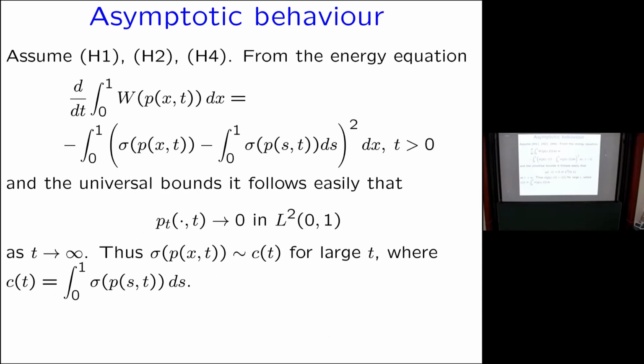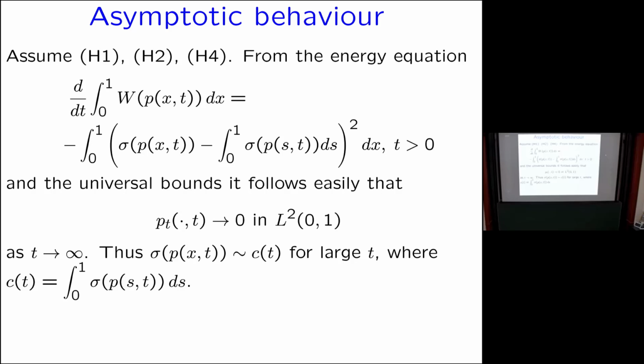Now, what we're interested in is the asymptotic behavior of solutions. Let's assume H1, H2, and H4, and then you have the energy equation. So the time derivative of the elastic energy is minus P sub T squared, where P sub T is sigma minus the integral of sigma.